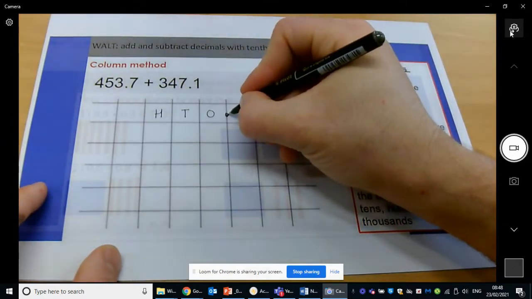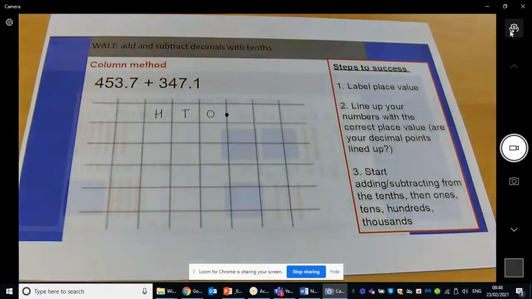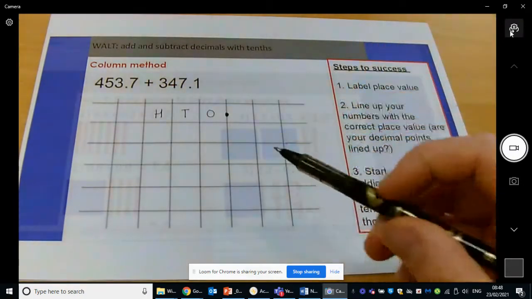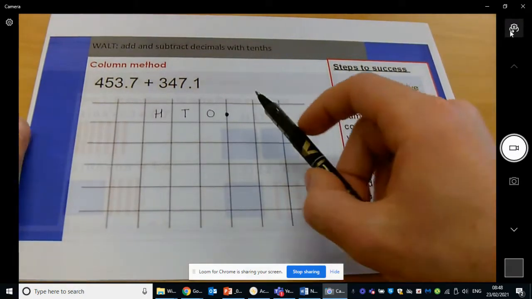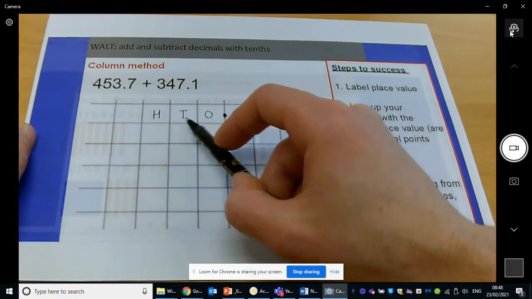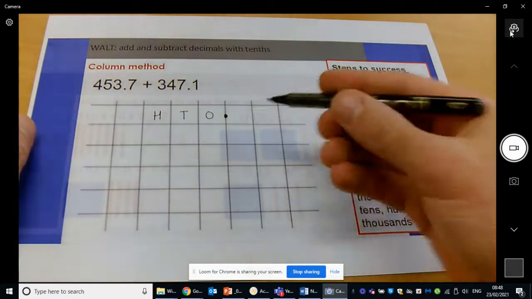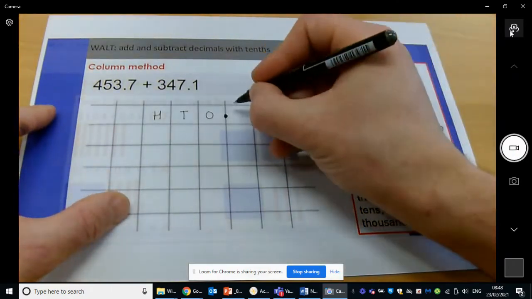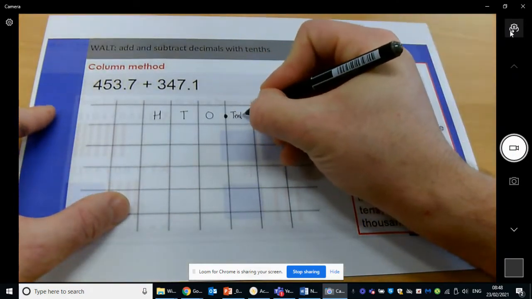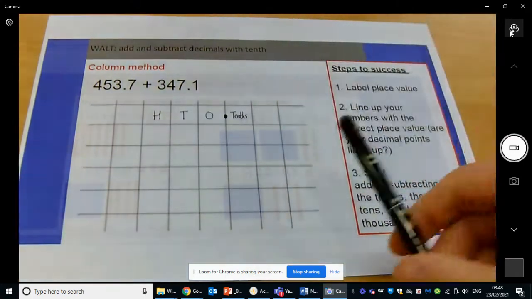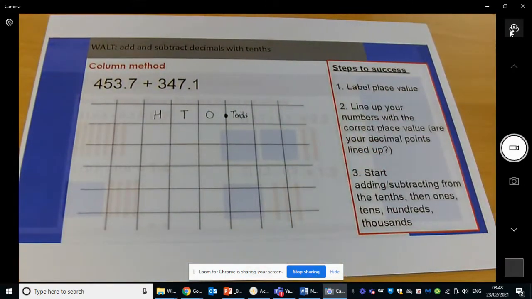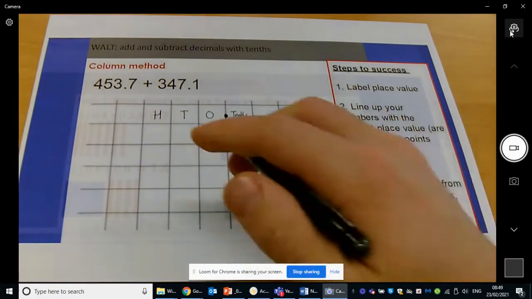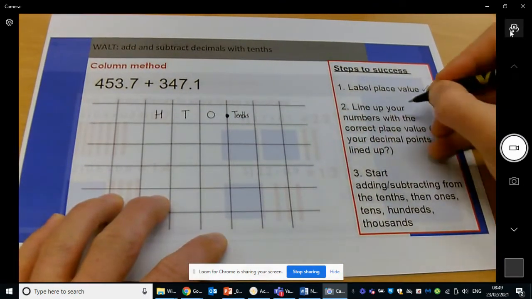This is the most important thing, our decimal point, which needs to be lined up. And I would implore you all to write your decimal point along with your place value so that you don't forget it, because it's very easy to do. And then our lowest place value is going to be our tenths. And we're not going into our hundredths yet. We'll be doing that next week. So place value has been labeled. Tick, lovely.